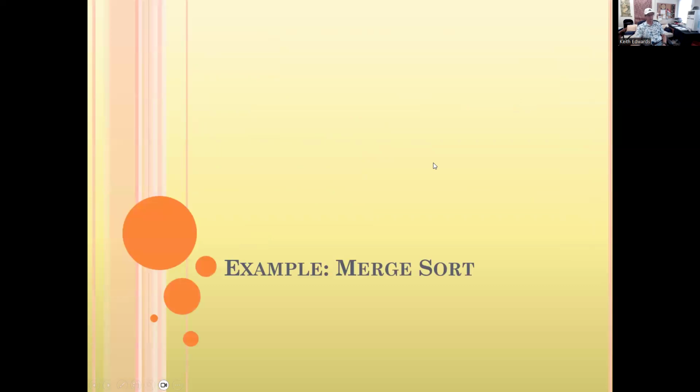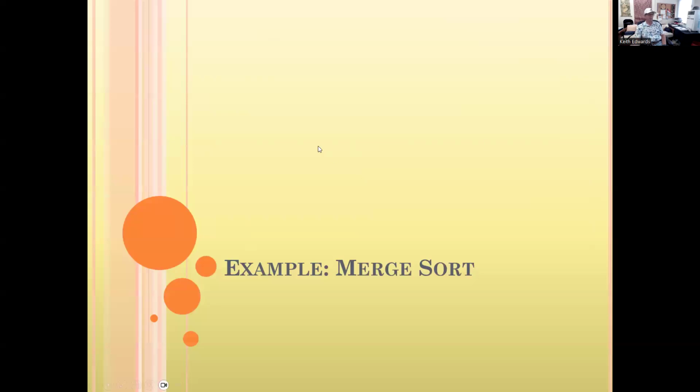Another example is merge sort. And you've seen sorting in 150 and 151. And sorting, things like selection sort, bubble sort, those can be kind of fun, but they're not the most efficient sorting algorithms. And merge sort basically says, hey, I'm not the smartest individual on the planet, but I can sort one item.